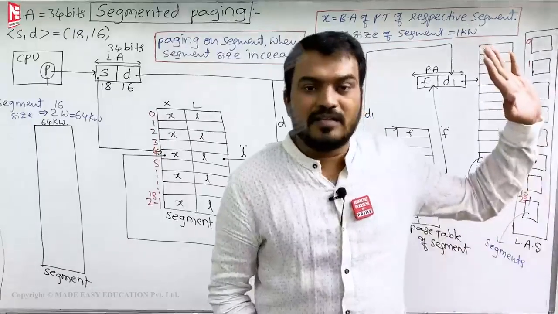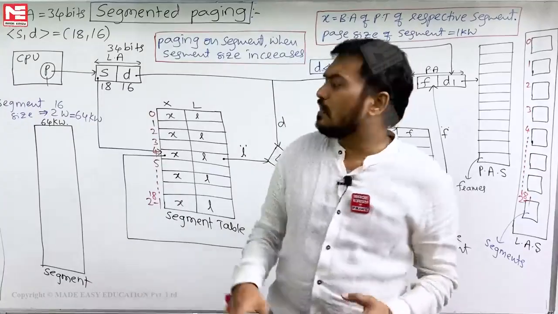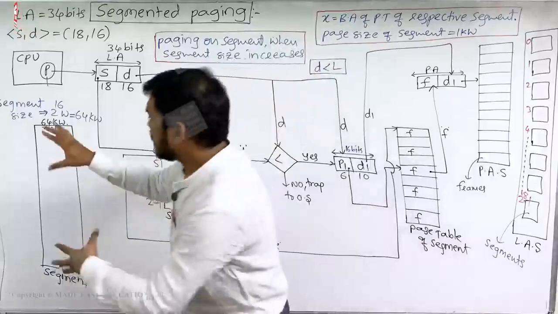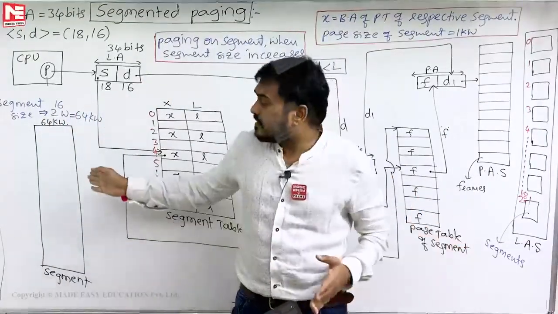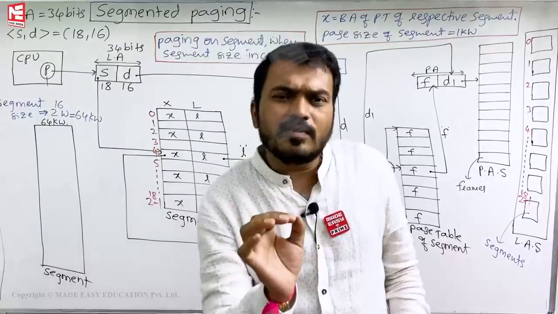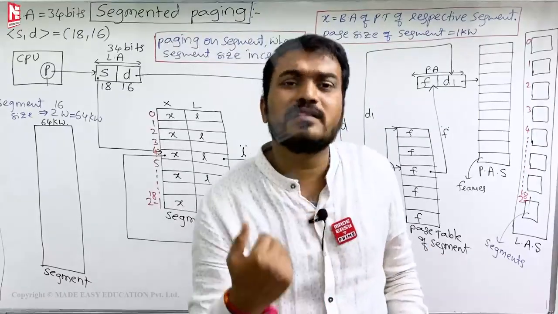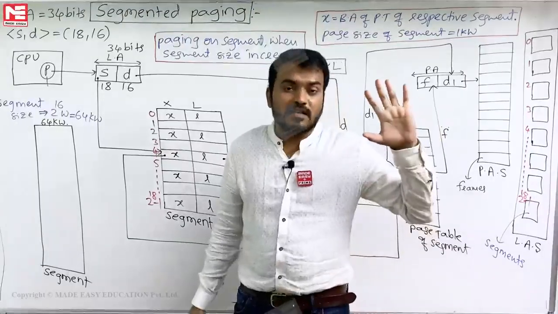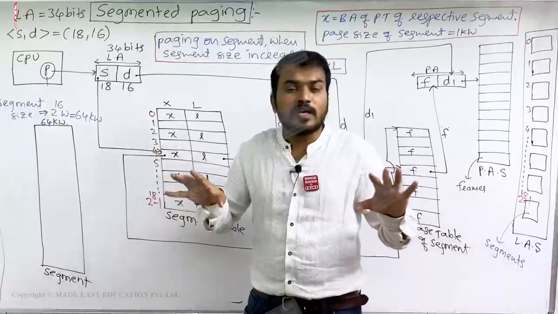Is that clear for everyone? Okay, in the normal segmentation, the entire segment will be brought into main memory. Remember, it is unnecessary to bring this entire segment into main memory. Why? Because at any point of time, the CPU will access only one instruction, word by word chalega. So, if the segment size increases, it is unnecessary to bring the entire segment into main memory.